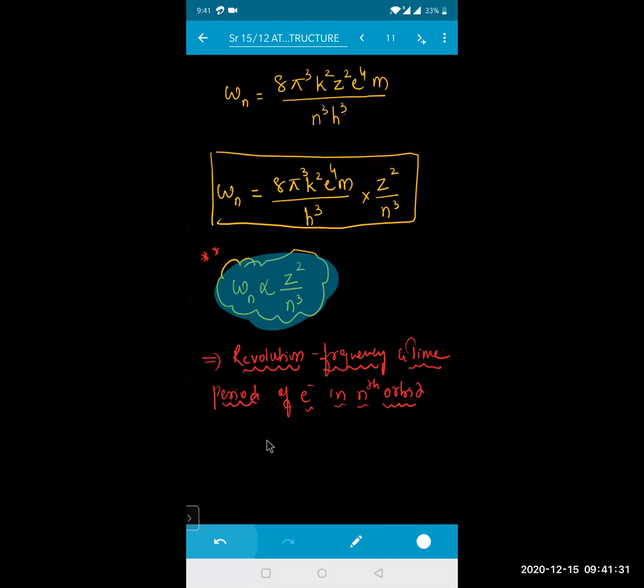Now we know that omega of the nth orbit is equal to 2 pi into frequency of the nth orbit. That means frequency of the nth orbit is equal to, how much can I write here? Frequency of the nth orbit is equal to omega n divided by 2 pi. We already know the value of omega, isn't it? So that value we can substitute here right now.